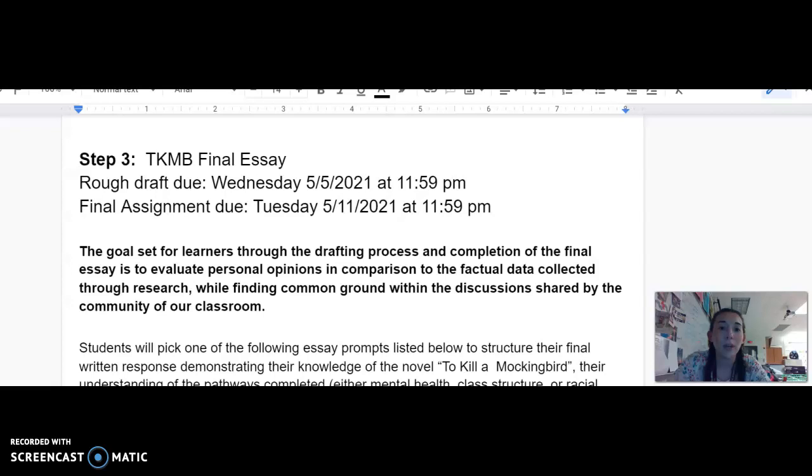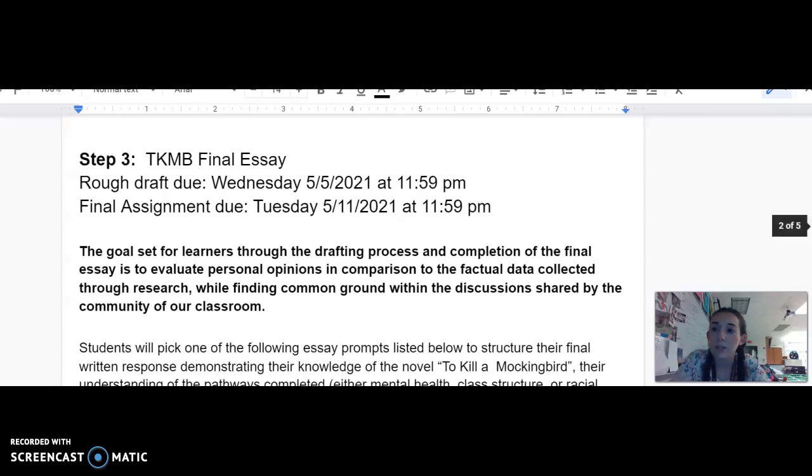The goal set for learners through the drafting process and completion of the final essay is to evaluate personal opinions in comparison to the factual data collected through research while finding common ground within the discussions shared by the community of our classroom.